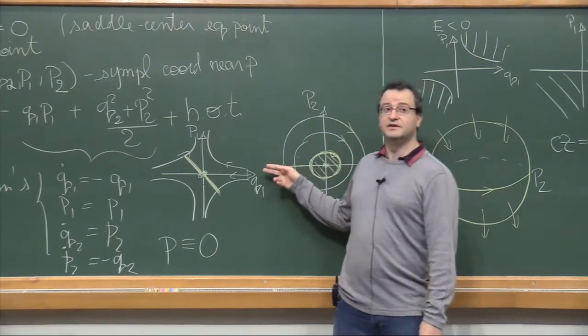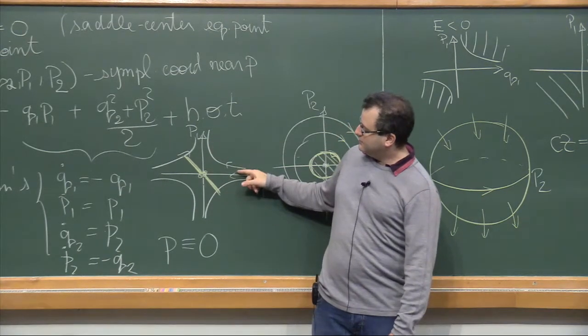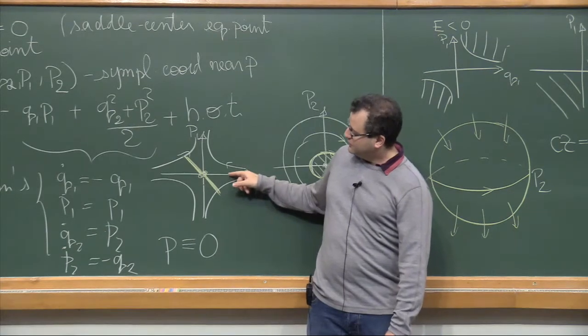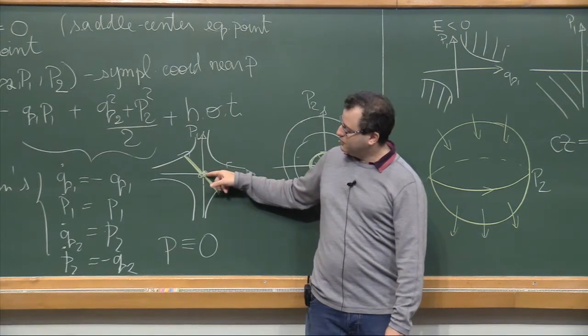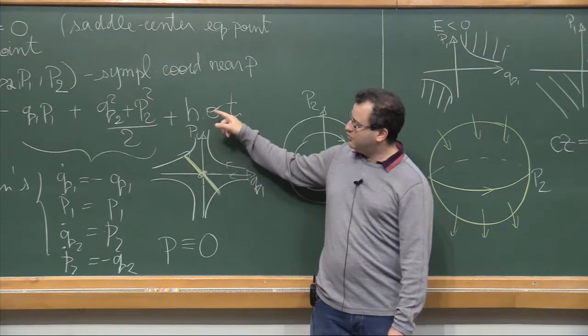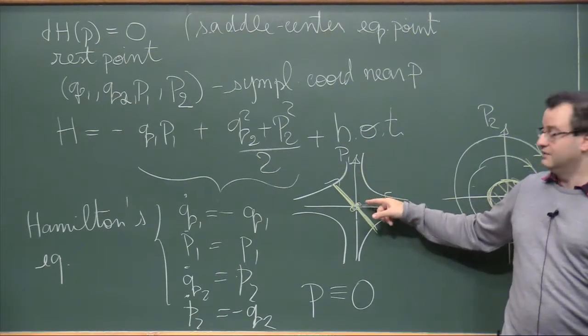In these coordinates the flow here is a saddle, but the closer you are to a trajectory going to the critical point, the longer you stay near here.